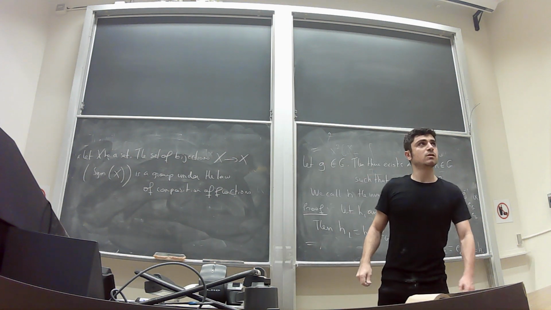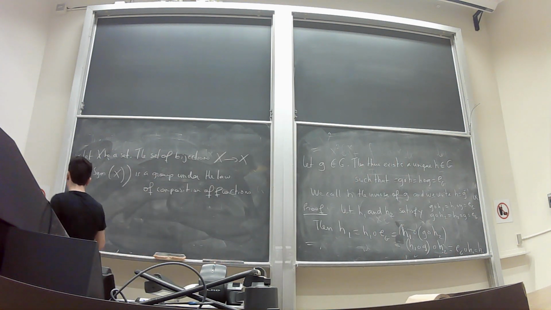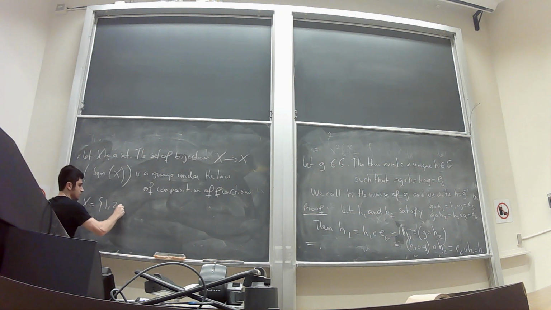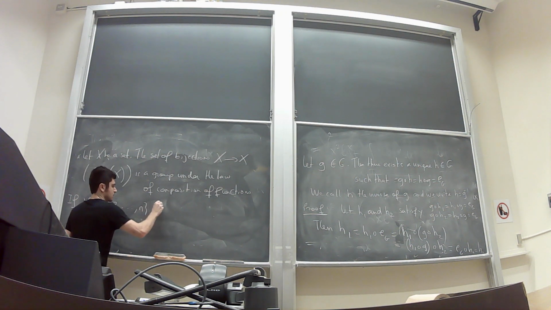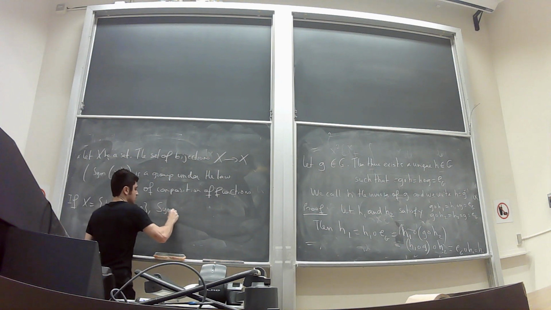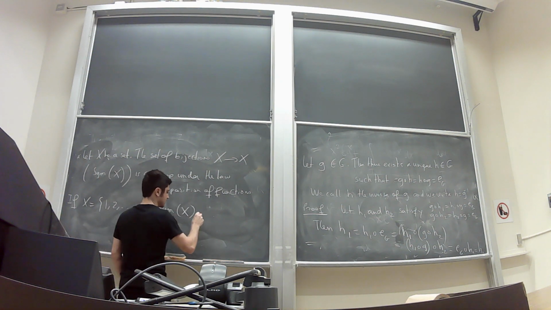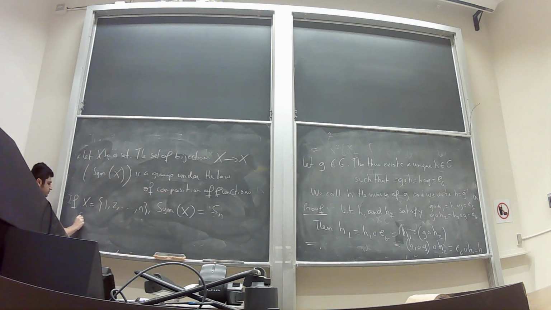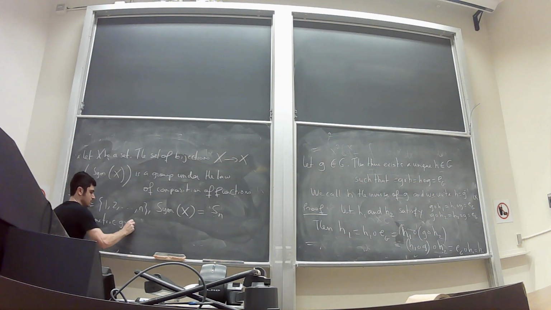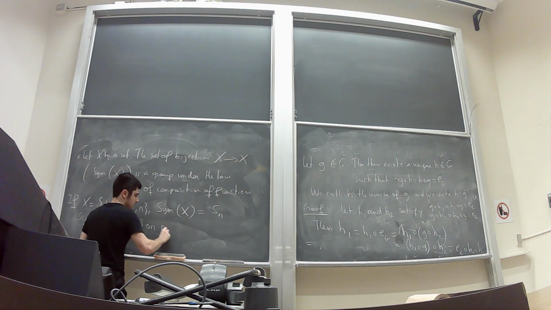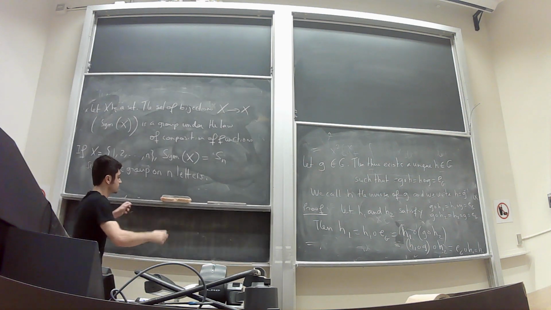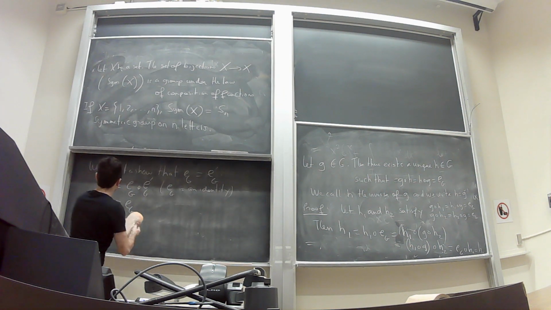Okay? We've seen this last time. Now if X is {1, 2, up to n}, Sym(X) we write as S_n, and call the symmetric group on n letters. Okay? Now let's give a small example.